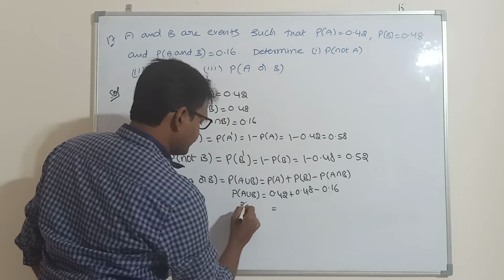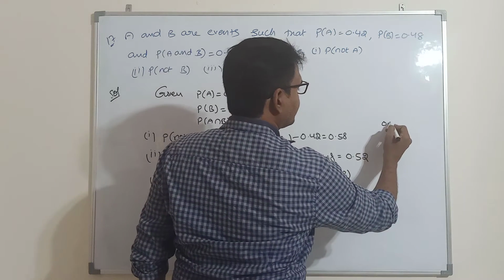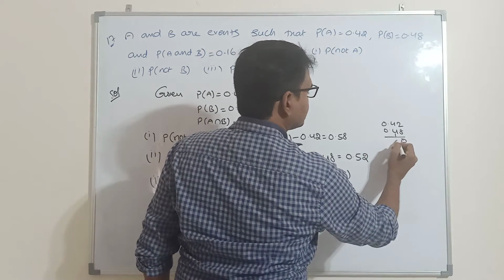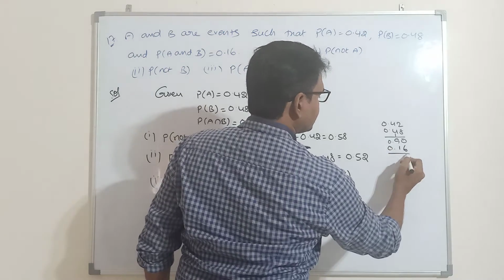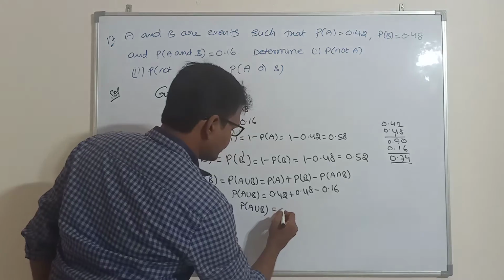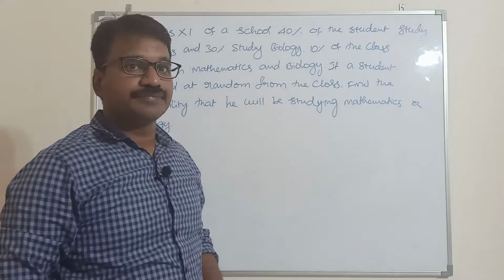So 0.42 plus 0.48 is 0.90, minus 0.16 is 0.74. So P of A union B is equal to 0.74.